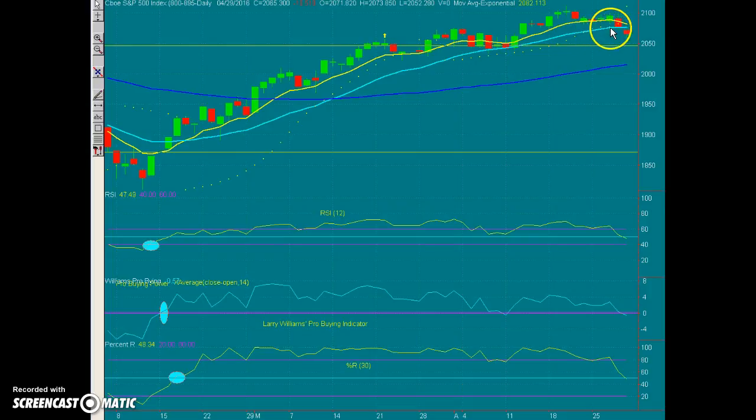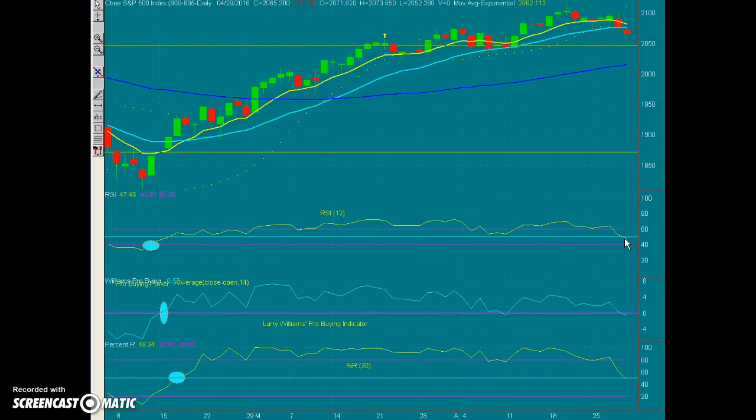You have the 9 EMA above the 30 weighted moving average, which tells us the trend is still up, although it's showing us more weakness. We have the parabolic above Friday's bar, but on the other hand, we have a hammer. So we might just see some support here at 2046. Now, in the middle of the chart, RSI 12 did cross below the 50% line, and that's definitely not a good sign for the bulls.